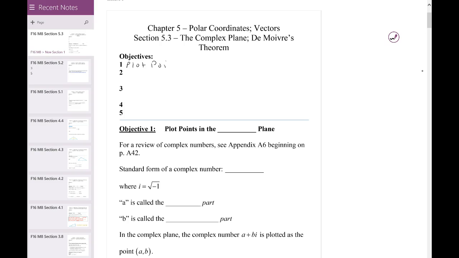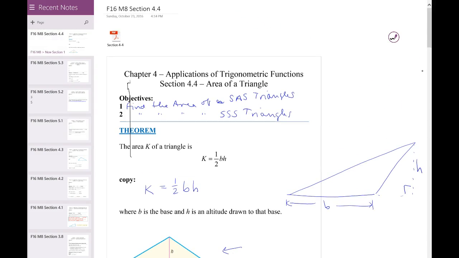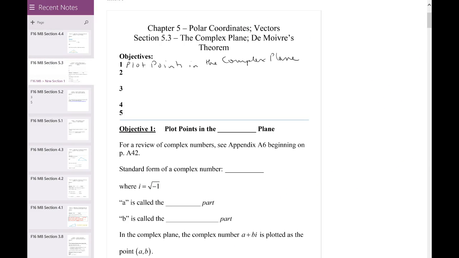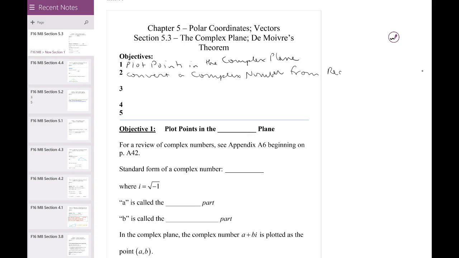points in the complex plane. So you'll learn what the complex plane is. And then we're going to convert a complex number, this is going to sound familiar, from rectangular form to polar form.